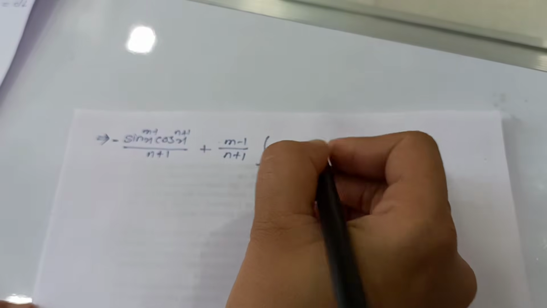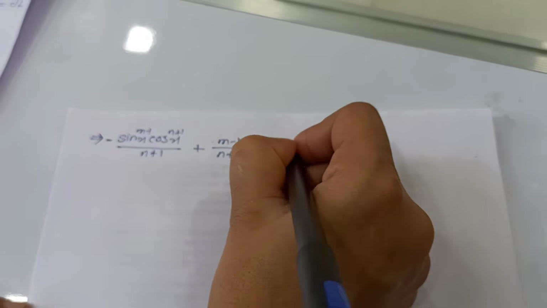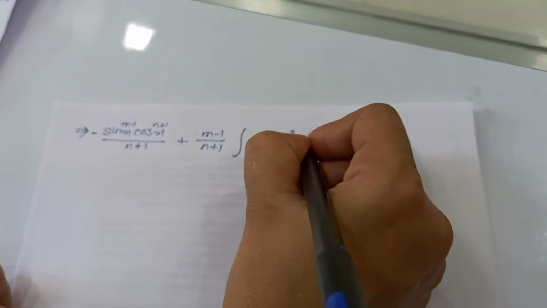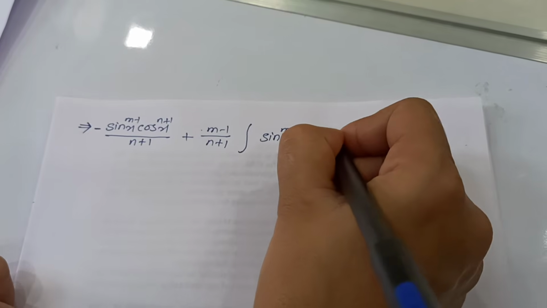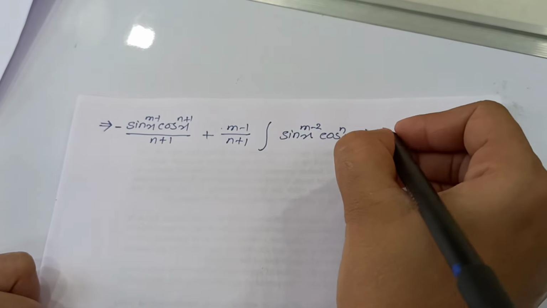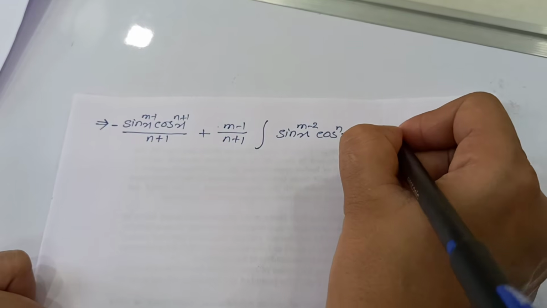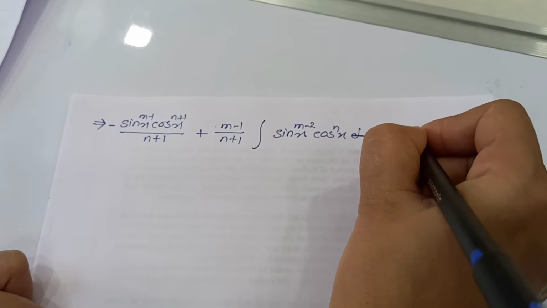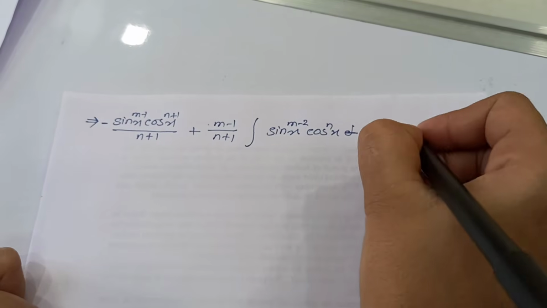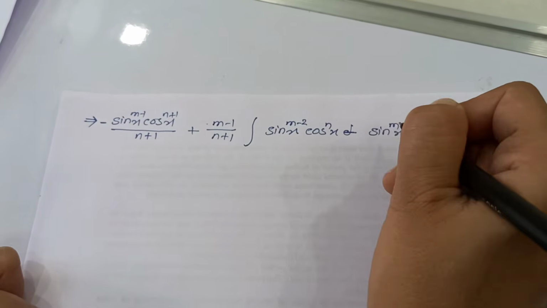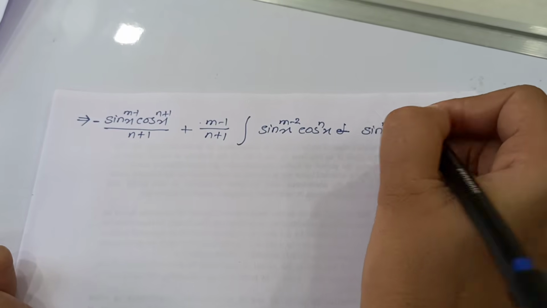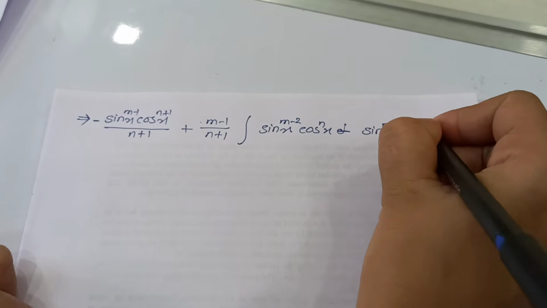So that gives me sin raised to m minus 2x cos raised to nx, and then minus we have here sin raised to m, because we have sin square in the previous term. So sin raised to m minus 2 into sin square will give me sin raised to m, then cos raised to nx.